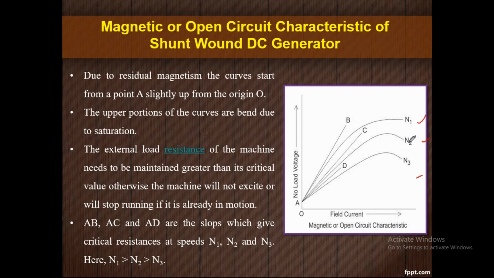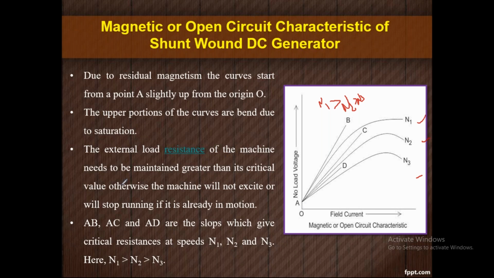The relation is N1 is greater than N2 and greater than N3. The graph never starts from the origin. It starts from some value because of the residual magnetism stored in the field poles. Due to the residual magnetism, a small amount of induced EMF occurs at starting.